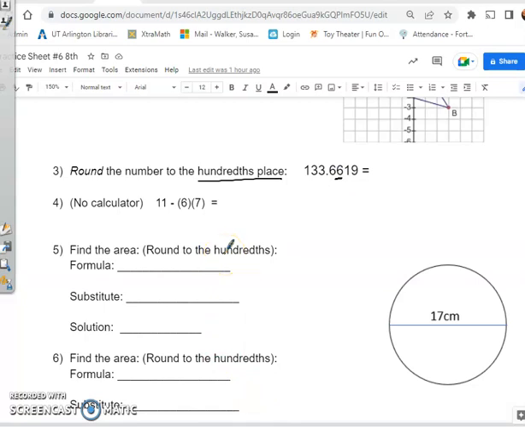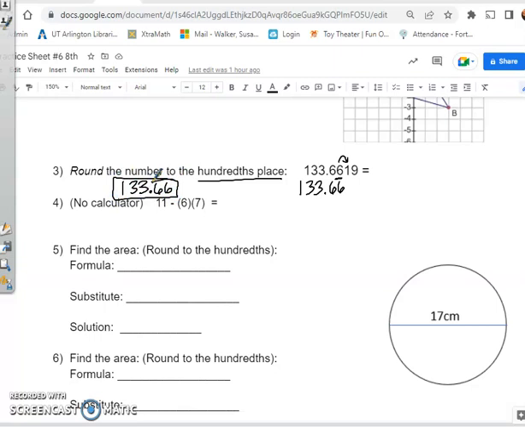So, tenths, hundredths. 5 or more, raise the score. 5 or more, add 1 more. It's not 5 or more. So this stays the same. Okay. So that is, don't make that look like a repeat sign, by the way. This is your answer over here.